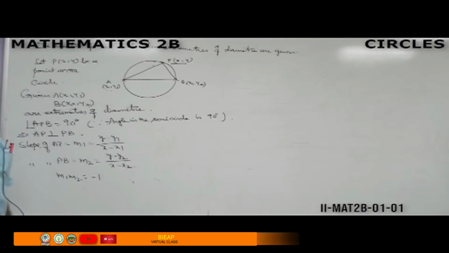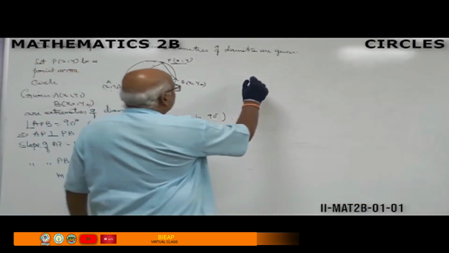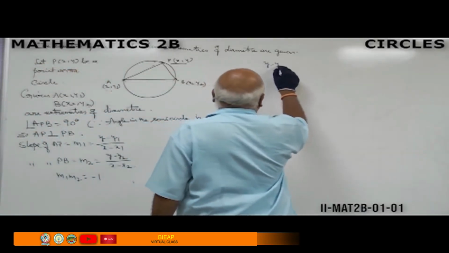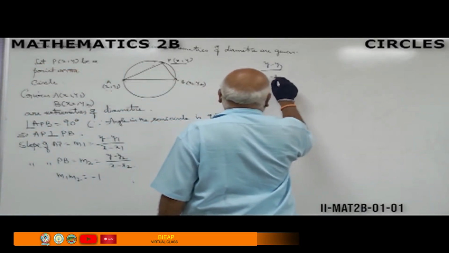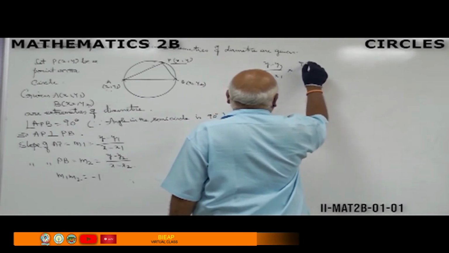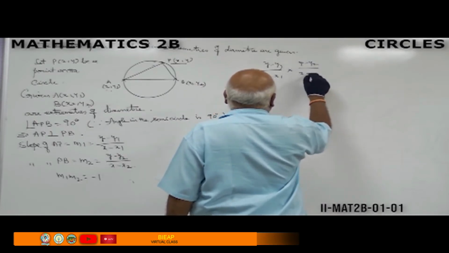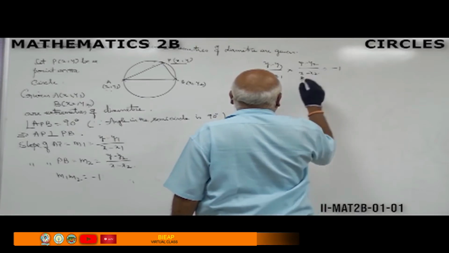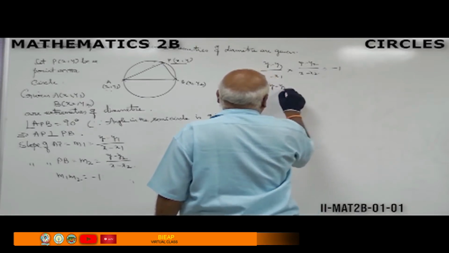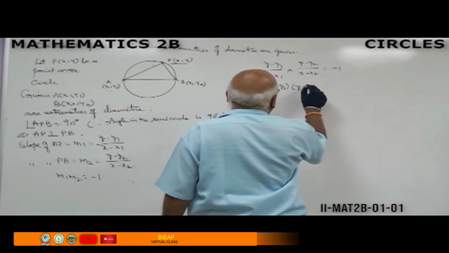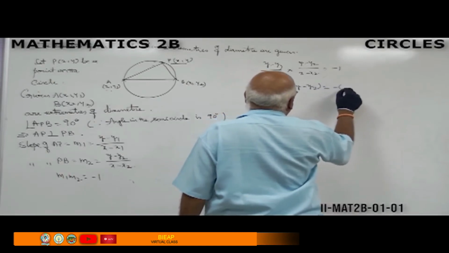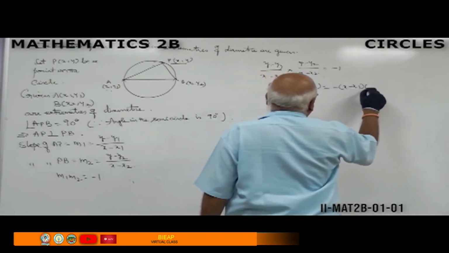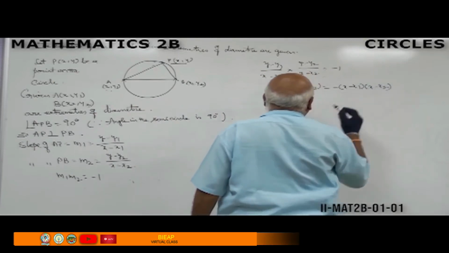When AP is perpendicular to PB, the product of the slopes is minus 1. That is, (y minus y1) by (x minus x1) into (y minus y2) by (x minus x2) equals minus 1. (y minus y1)(y minus y2) equals minus (x minus x1)(x minus x2).